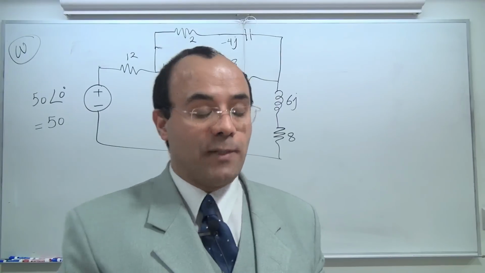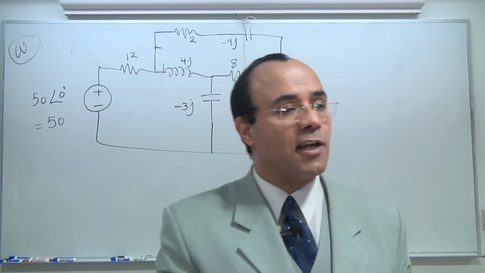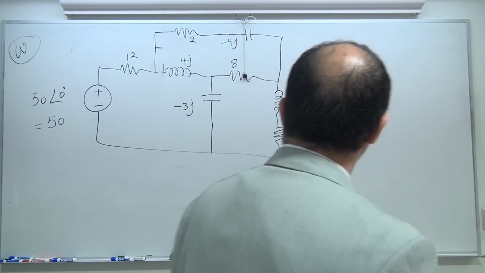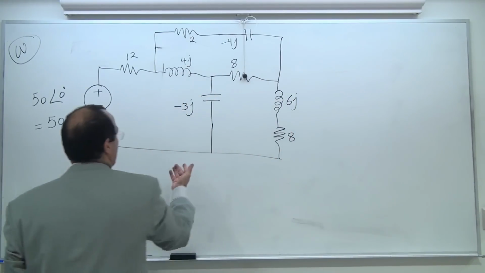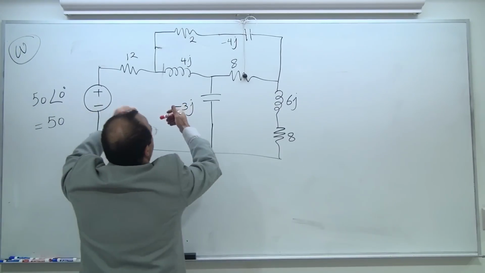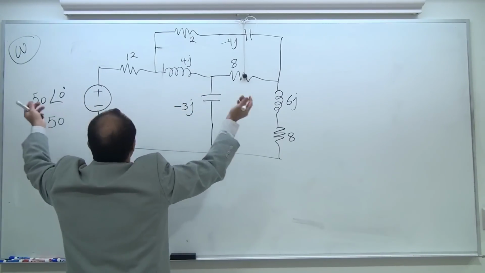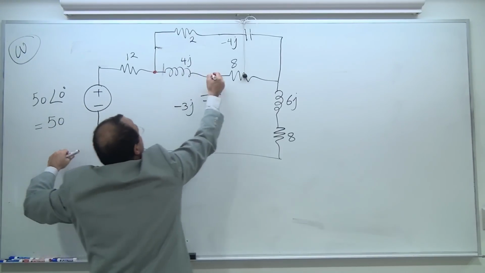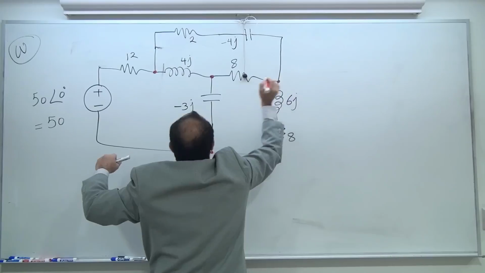We are supposed to be able now, after so much exercise, to apply the nodal or mesh on this scenario. You have only one source, so superposition really doesn't matter. So let's take a look. How many nodes do I have? The same thing applies. This is 0, this is 1, this is 2, this is 3.